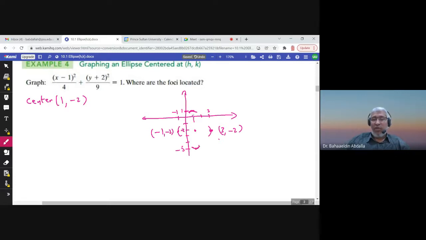So these 2 points are the vertices. This vertex has coordinates 1, 1, and this vertex has coordinates 1 and -5. And you can just connect the points to sketch the graph of the ellipse. It doesn't pass through 0, 0, of course. It doesn't have to pass through 0, 0. Okay.